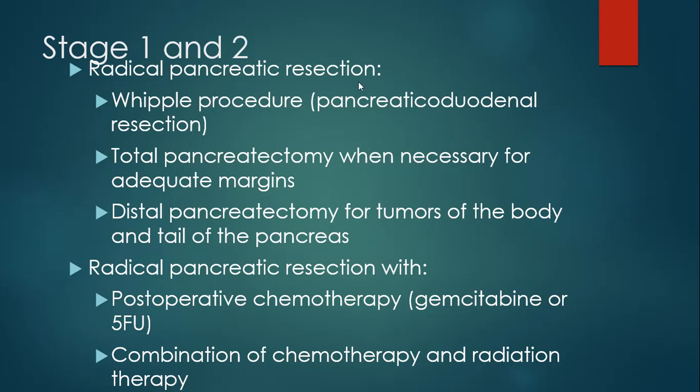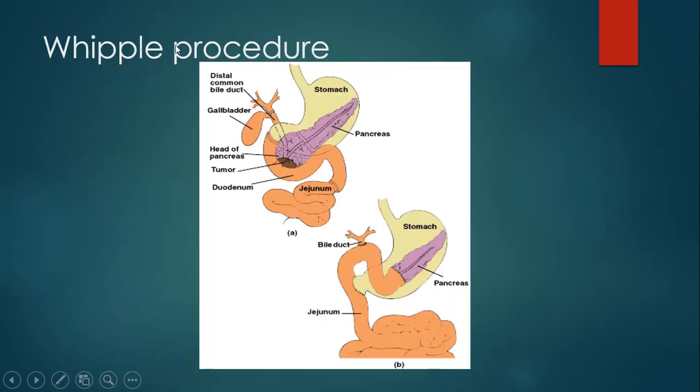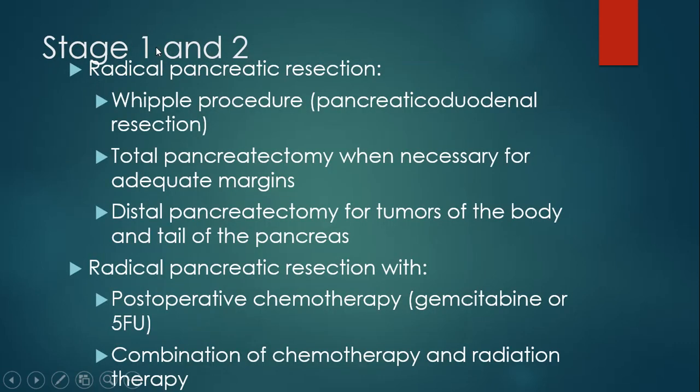Now, when we come to the treatment aspect, we can see here that radical pancreatic resection is the answer for stage 1 and 2 diseases. You can see that in stage 1 and 2 disease, where the disease is confined, it is not advanced, you have to do something more radical, so that you tend to eradicate the disease entirely.